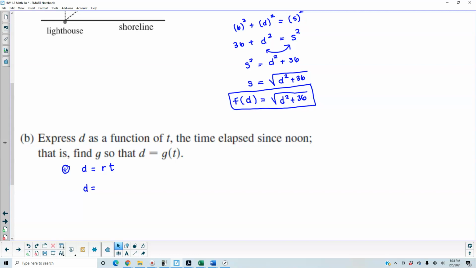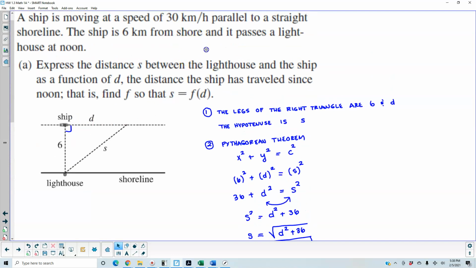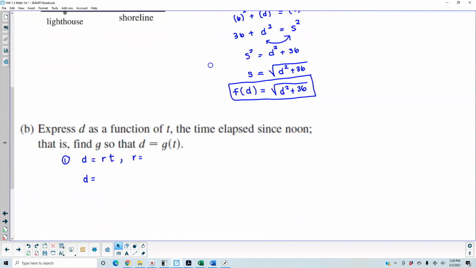So what do we know about the rate from our question? We know that the rate is 30 kilometers per hour. And we know that t is measured in hours.